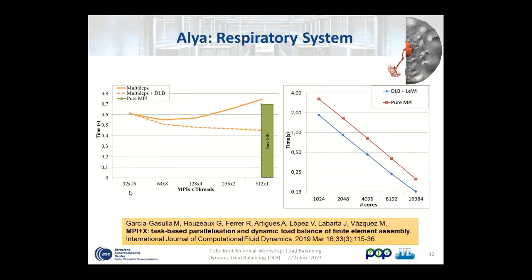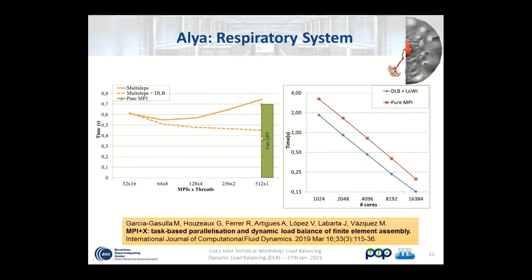And in the x-axis, we can see the different combinations of MPIs and threads to see which is the best configuration. And the dashed line is the execution time when using DLB. We can see that the gain was very good compared to the pure MPI execution, and also compared to the different hybrid versions.